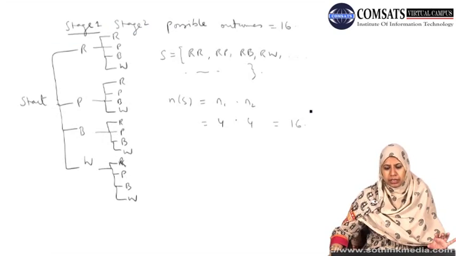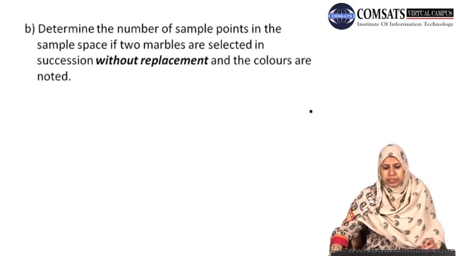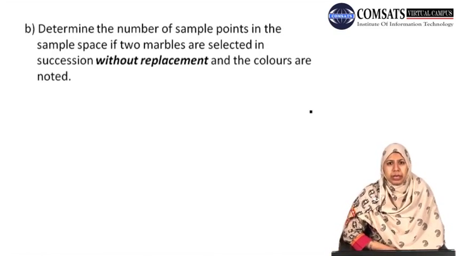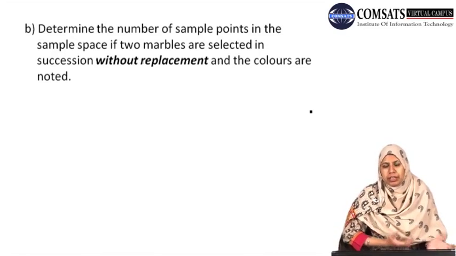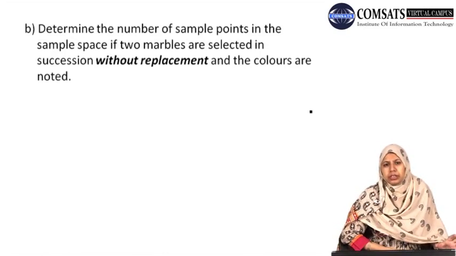But if we are asked to find our sample space and the size of the sample space without replacement, which means that if 2 marbles are selected in succession without replacement and the colors are noted, which means that basically we have taken out any marble randomly from the urn, and we have not put it back into the urn again.